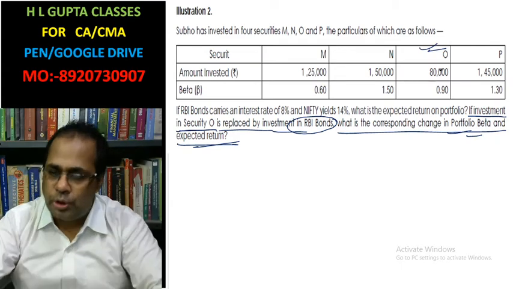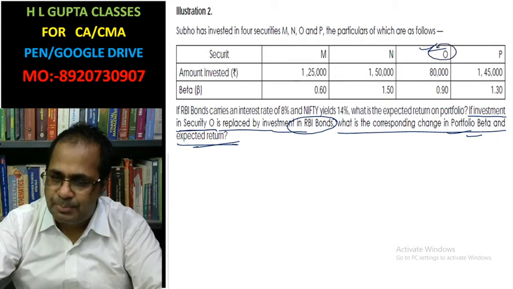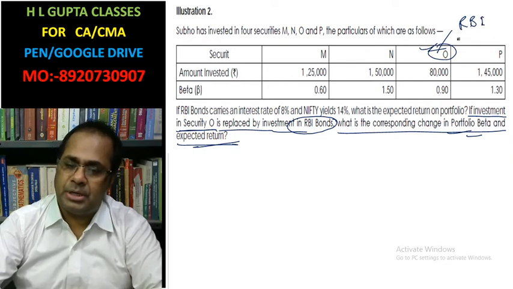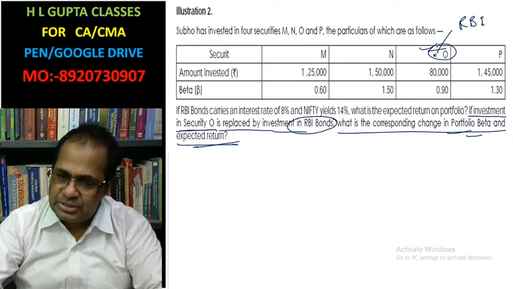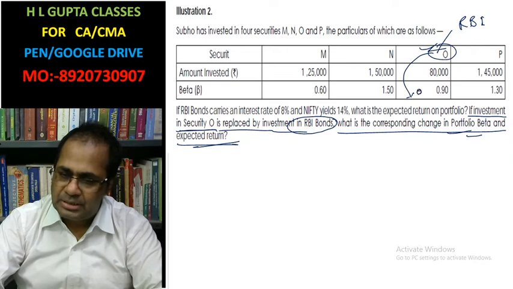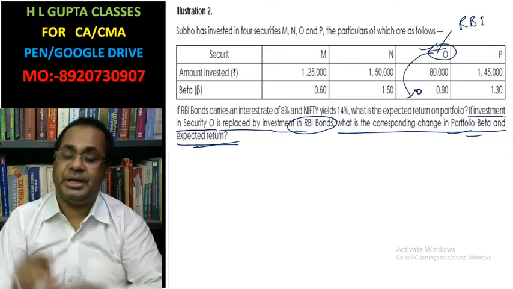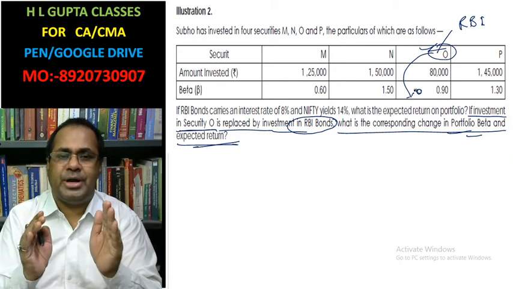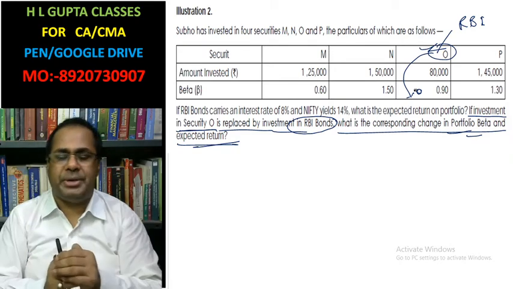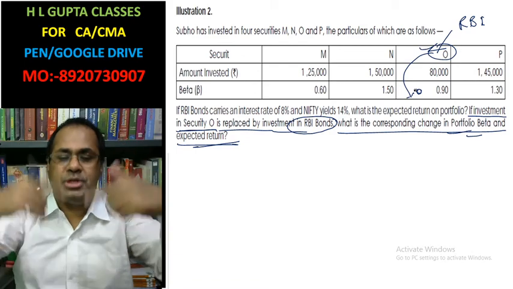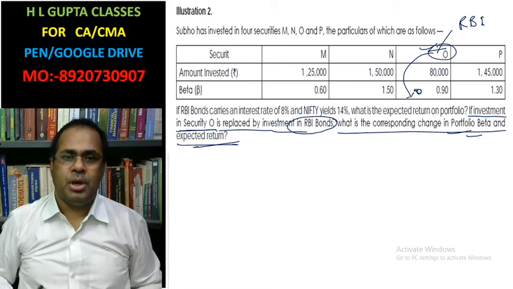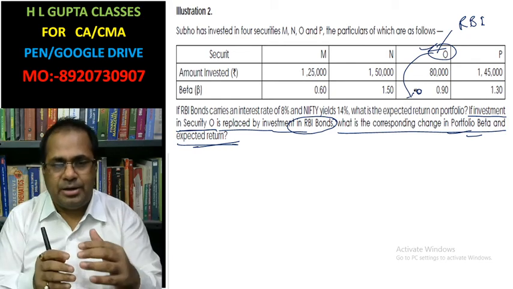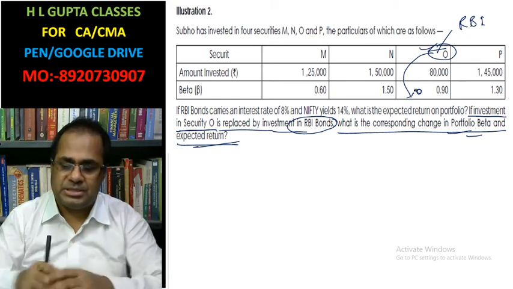The Reserve Bank of India investment does not have a beta. Risk-free is assumed to be 0. In this case you have to find the portfolio beta as well as the expected return as per CAPM.